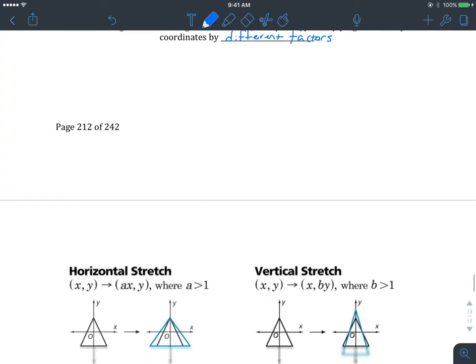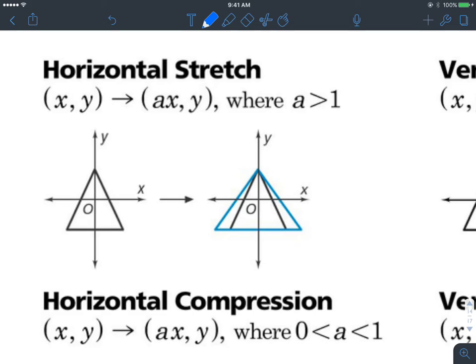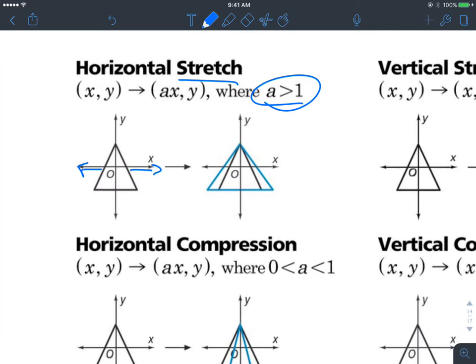Alright, so this is a little bit different than dilations. For example, you can do what we call a horizontal stretch. So imagine I wanted to take these ends right here and pull them out and stretch it horizontally. It'd make this wider looking triangle right here. So that's a horizontal stretch. And remember, with stretch, we think of getting bigger, so A, or whatever you're multiplying by, would be greater than 1.